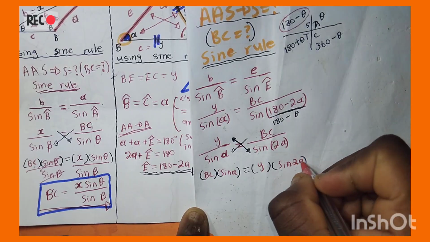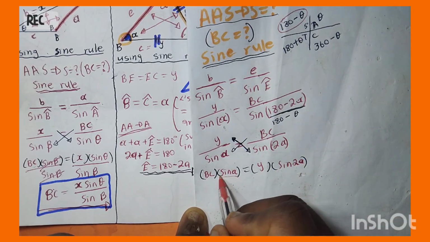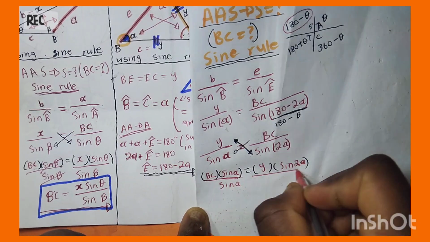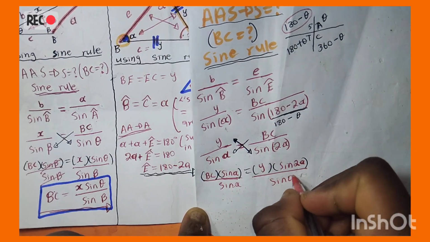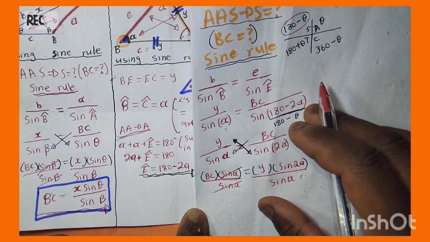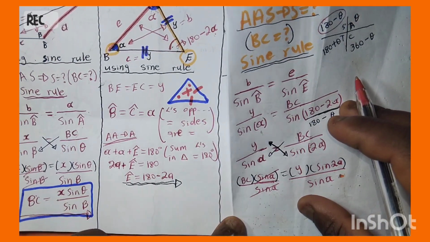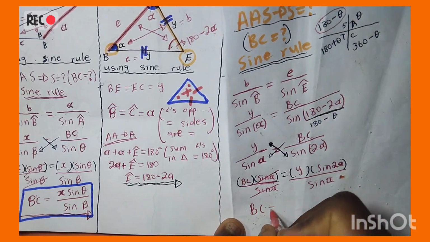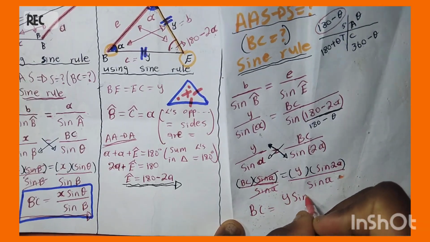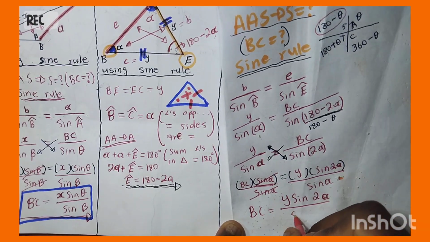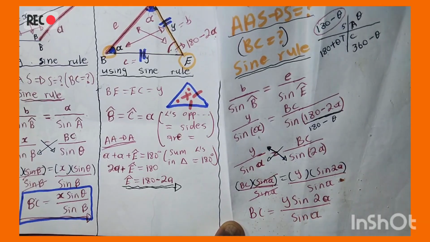Do you see? Now divide by sine alpha on both sides so that it gets cancelled, meaning the final answer for BC will be y sine 2a divided by sine a. Do you see?